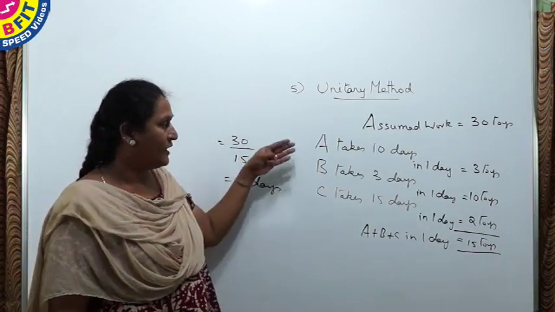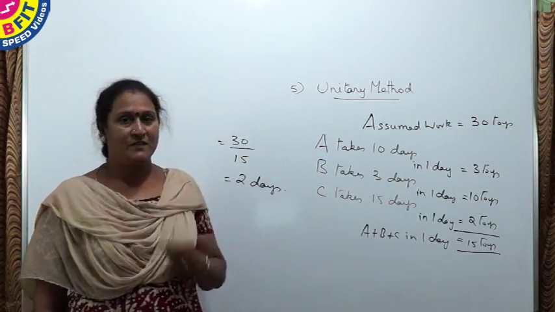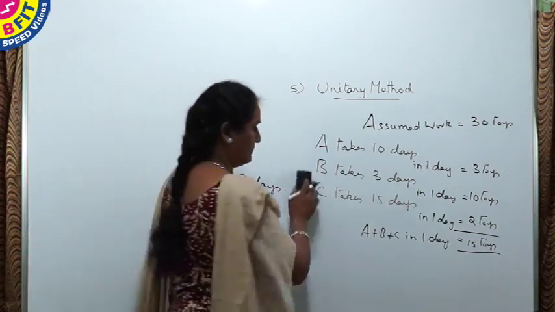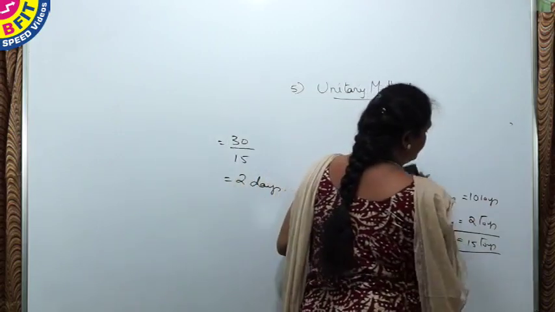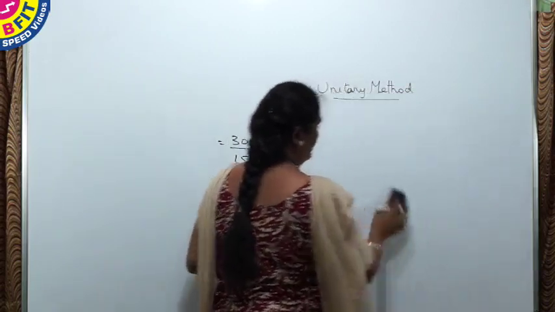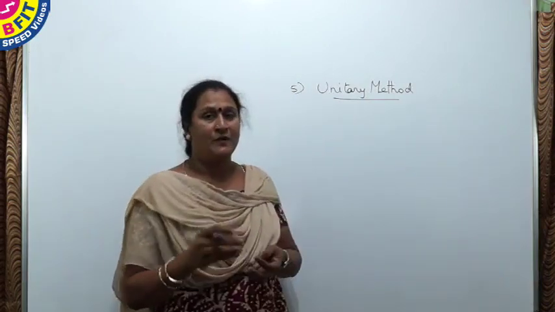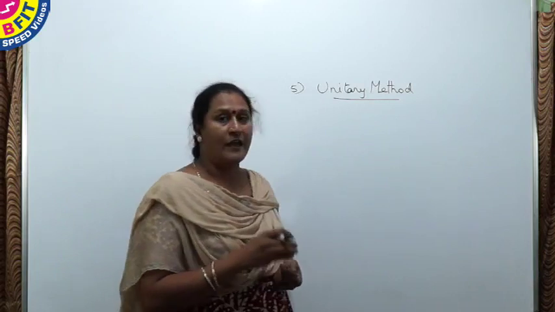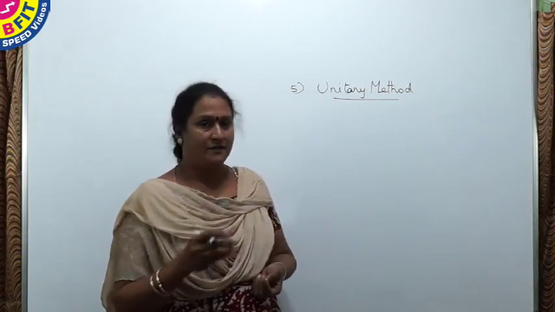So now we have worked for 3 persons. We'll see what will be time taken when 2 persons work. Say there are 2 persons A and B, where A can do a work in 8 days and B can do a work in 9 days.